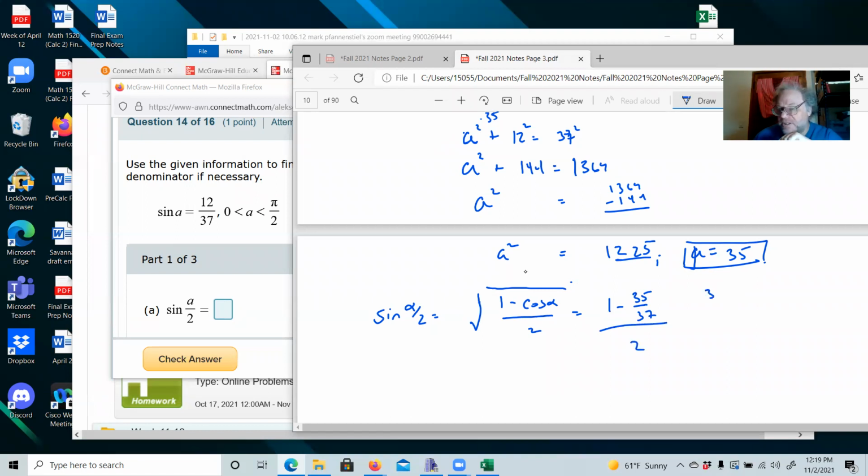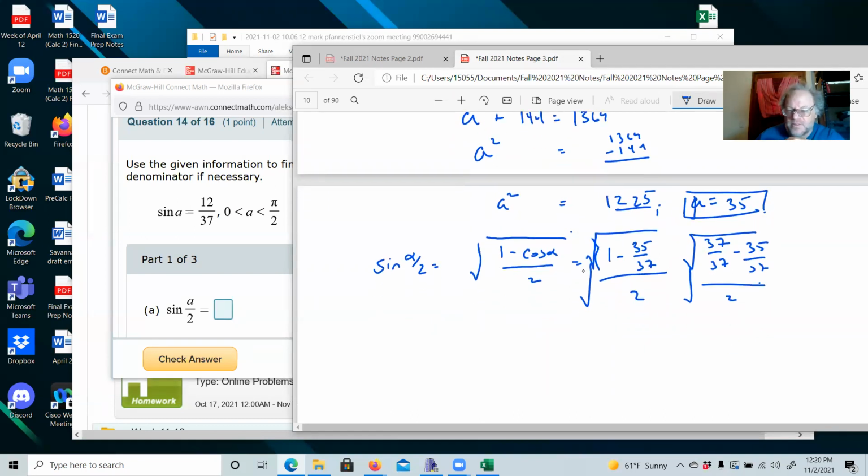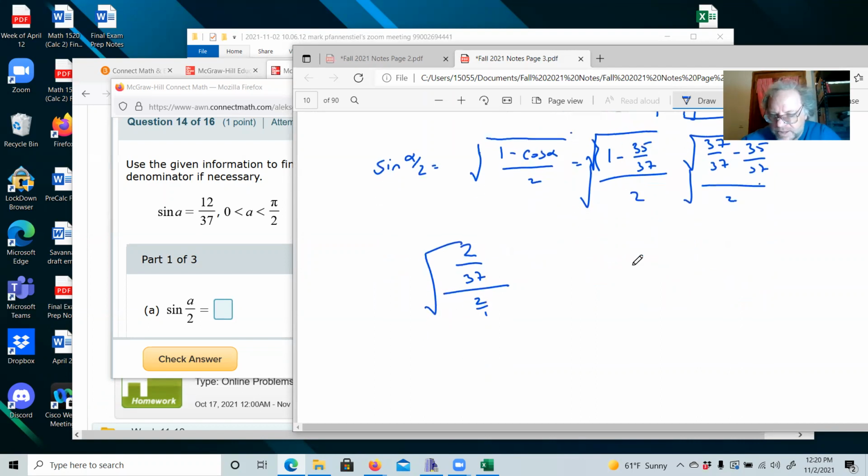Let's get some common denominators here. So we have 37 over 37 minus 35 over 37, under a square root, and it's over 2. So 37 minus 35 is 2, so 2 over 37 over 2 over 1. We're going to invert and multiply. The 2s cancel, and we end up with 1 over the square root of 37.